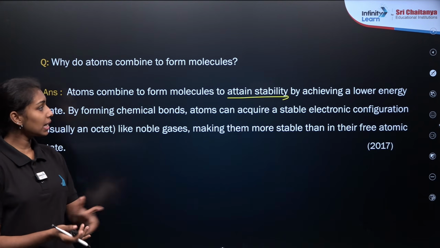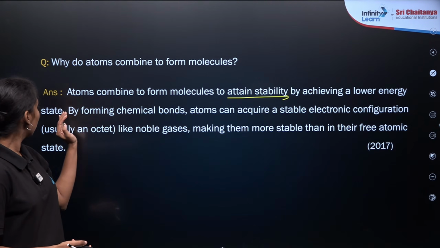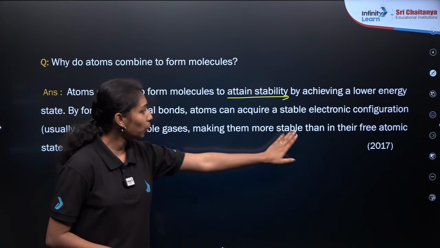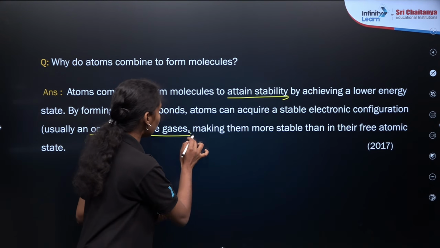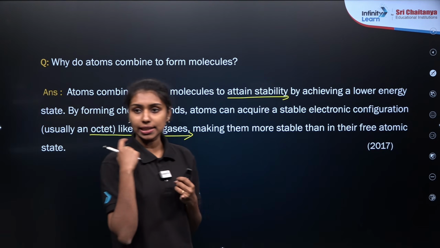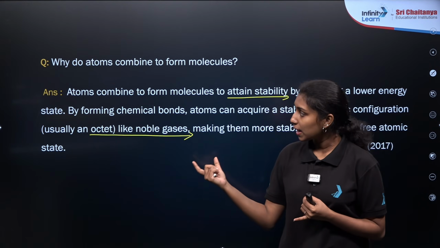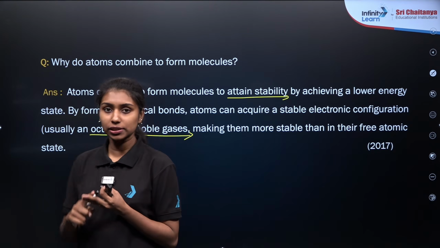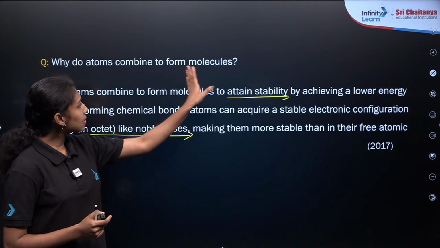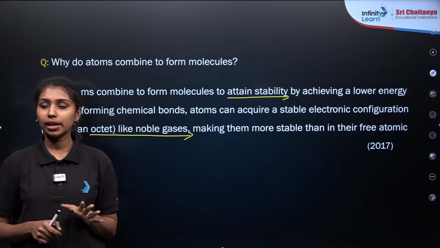By forming chemical bonds, atoms achieve a lower energy state and can acquire the stable electronic configuration of octet. The first point, they attain stability by getting 8 electrons in their valence shell by reducing energy. So reducing energy, attaining stability, and 8 electrons in their valence shell will be the correct answer for this question. Is there any doubt?